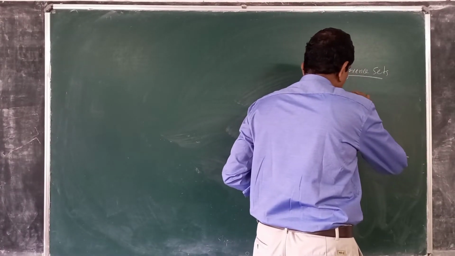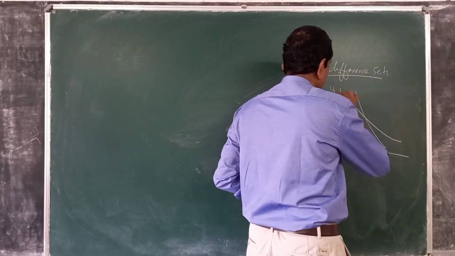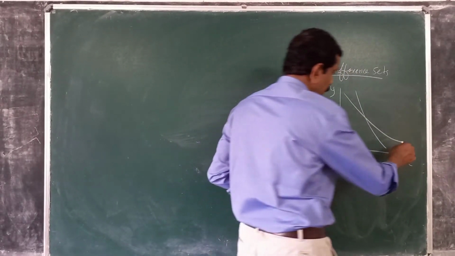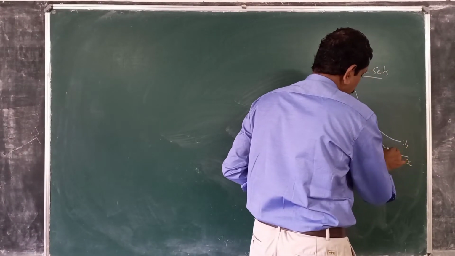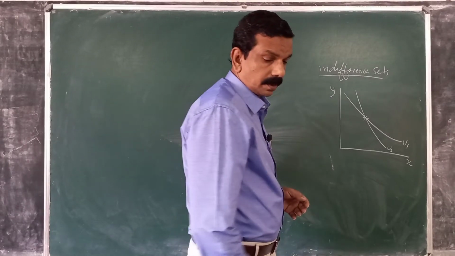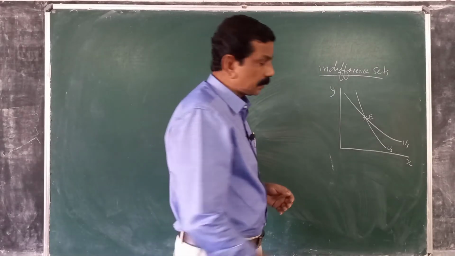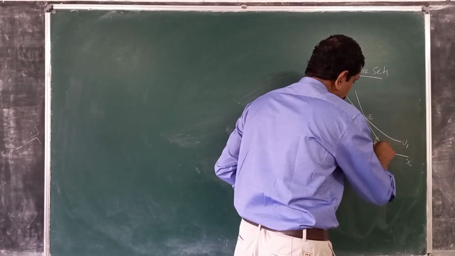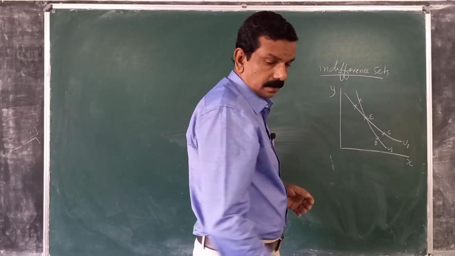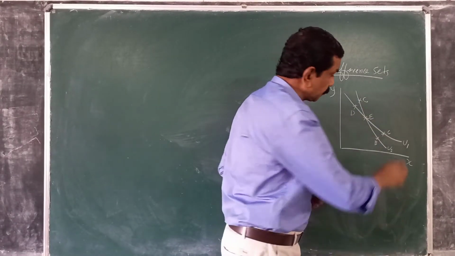This is one indifference curve, and this is another, with y and x on the axes. This curve represents level of utility u1, this one u2. They cross at point E. Suppose also that there are points B and C here, and D and C, and this is A.